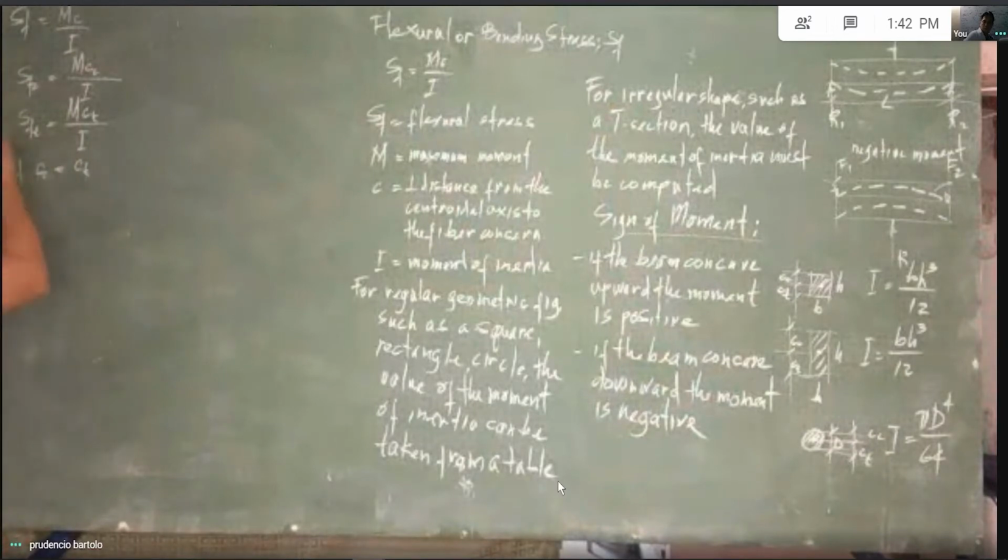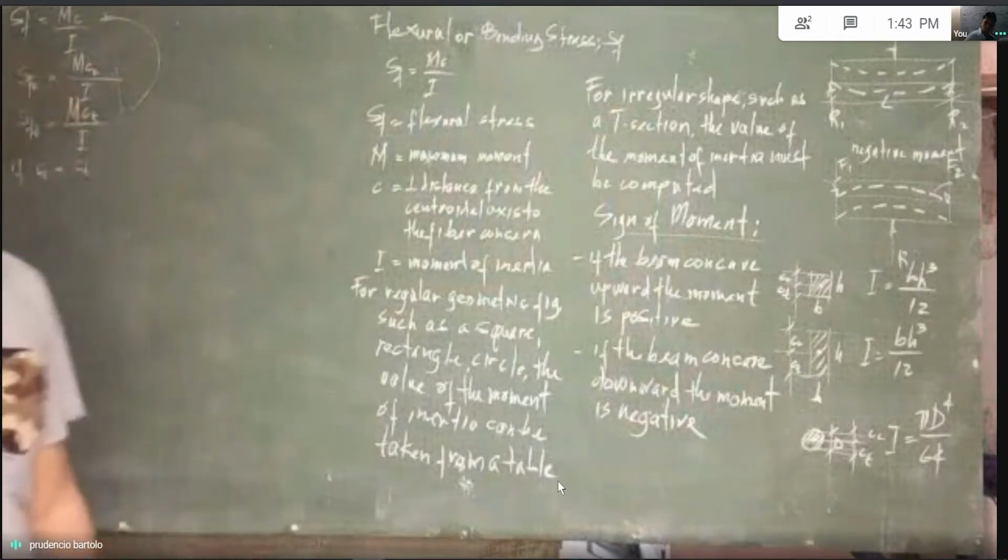So if they are equal, these two equations will just be the same, and they will go back to the original equation or formula, SF is equal to MC over I.